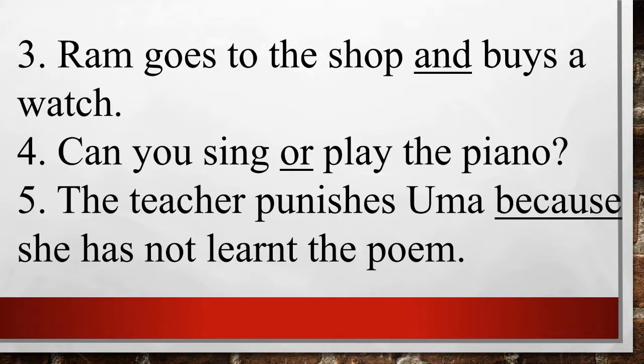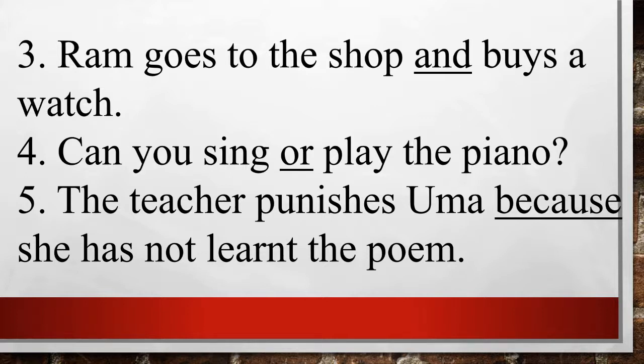Let's see the more examples. Ram goes to the shop and buys a watch. In this sentence, the word and is a joining word, so the answer is and. Next example is, can you sing or play the piano?